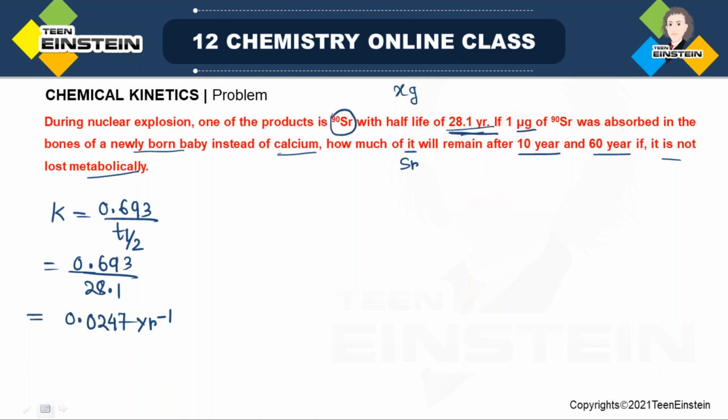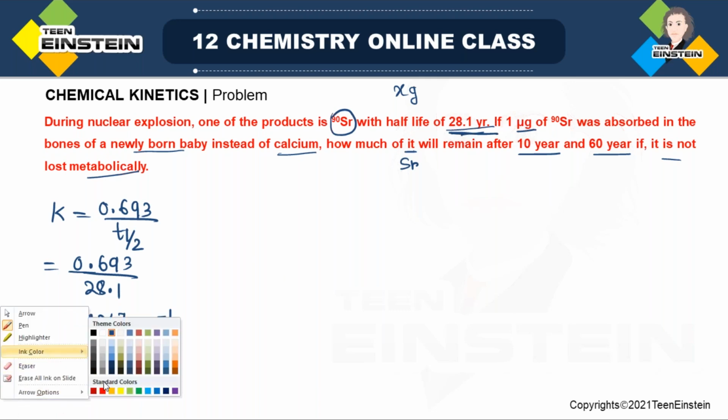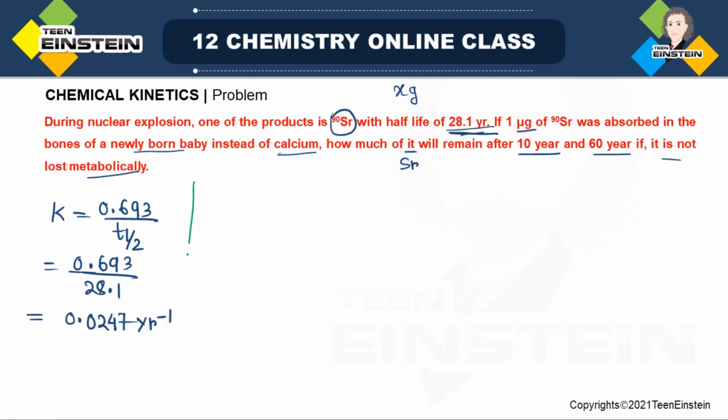Okay. Now when it is 10 years, number one, what will happen after 10 years? So the equation that we are going to use is kt equal to 2.303 log, the same equation that we use for a first order reaction.